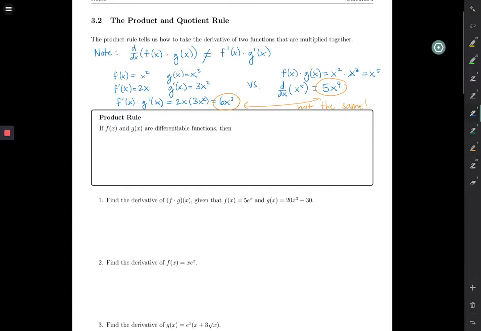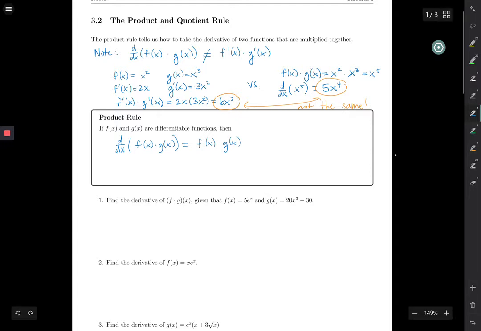Okay, so what is the product rule? So how do we take the derivative of two functions being multiplied together? So what we will get is the derivative of f times g is going to be equal to the derivative of f times just the regular g function.